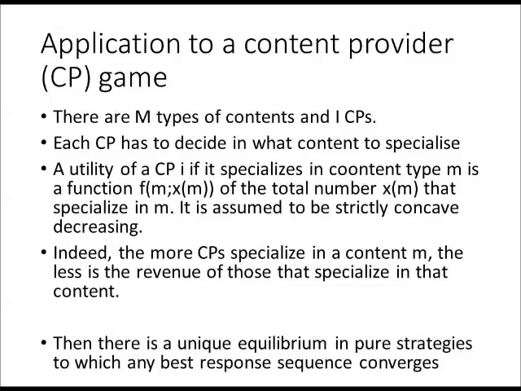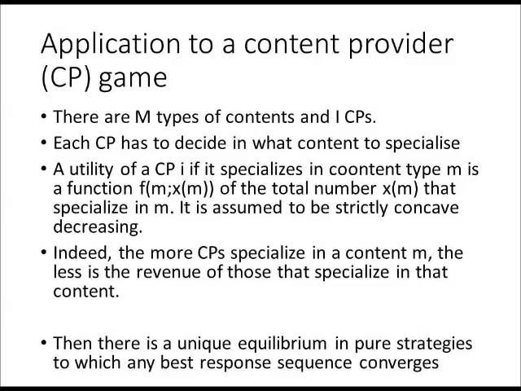This, in fact, is a direct result that is obtained by mapping our game to the congestion game of Rosenthal, in which a content provider is a player and in which the type of content it specializes in maps to the link that a player uses in the congestion game.